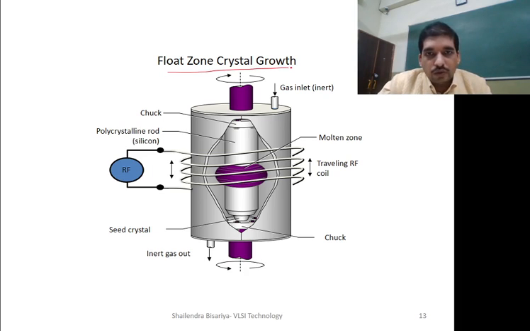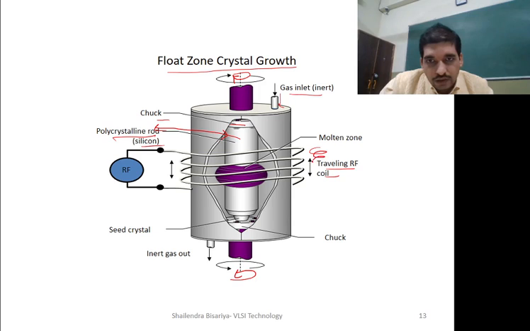Float zone crystal growth. See, once again the rotation here is in this direction and the rotation here is in another direction. And why we do rotation in opposite directions should now be clear to you. Okay, the gas inlet, the inert gas is used in the medium. And a chuck is there to attach the polycrystalline rod. This is your polycrystalline rod, right? Now see, the traveling RF coil.